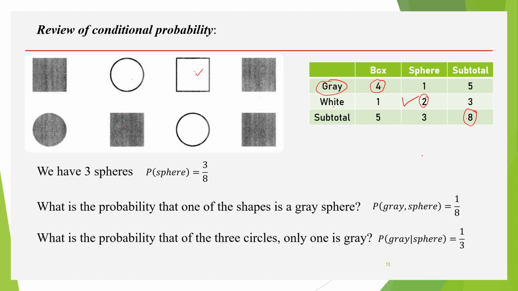If we look at the table, we can easily compute this. Because it is a sphere, and all the spheres number only 3, and the gray sphere from the prior knowledge is only 1, the probability is 1 over 3. So this is very intuitive from the table.